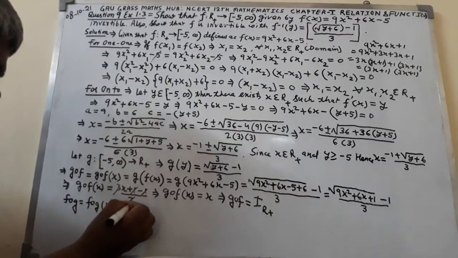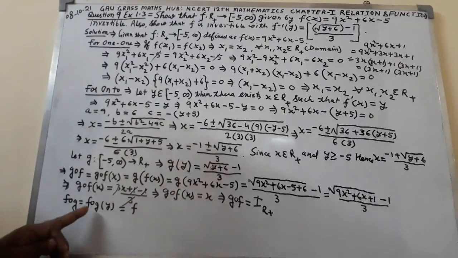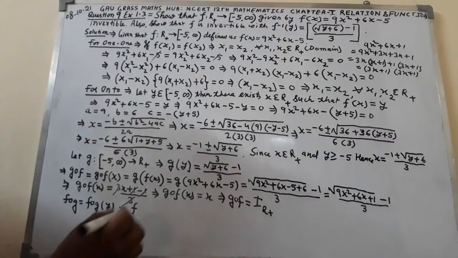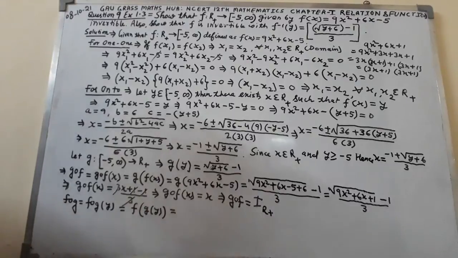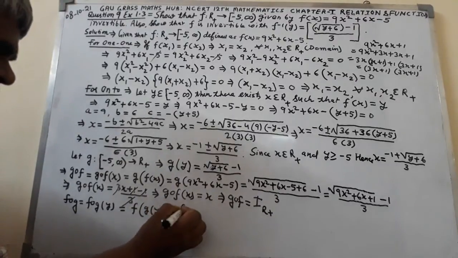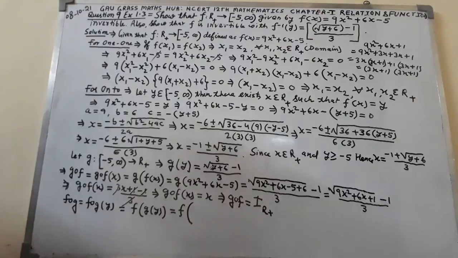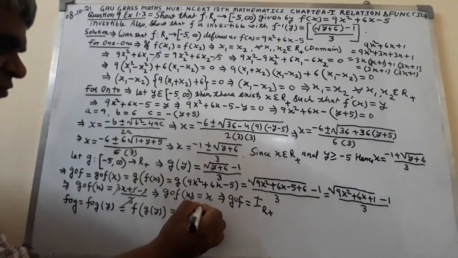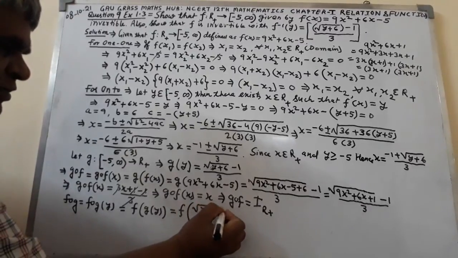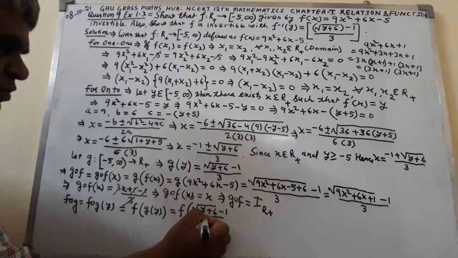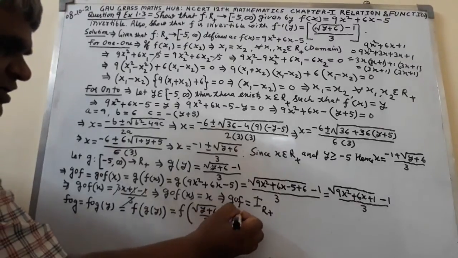You will get here, in place of the circle, I shall write a bracket, f of g of y. In place of g of y, I shall write under root y plus 6 minus 1, whole over 3.